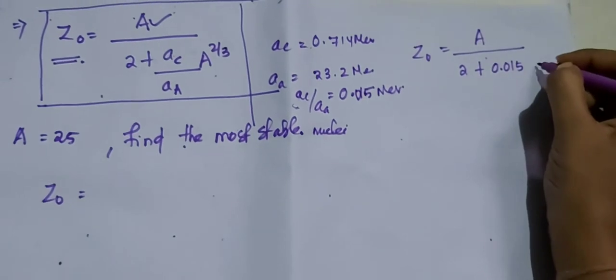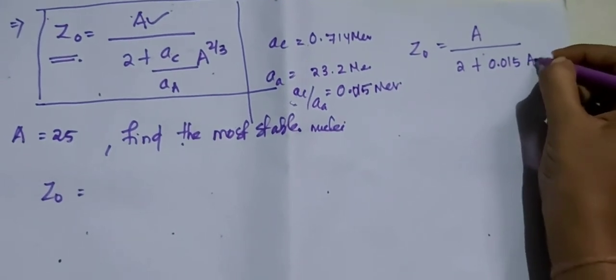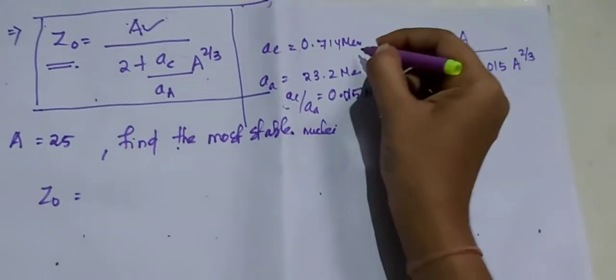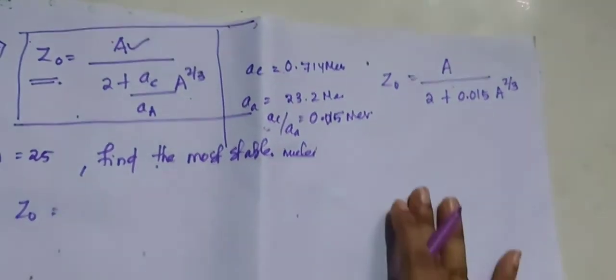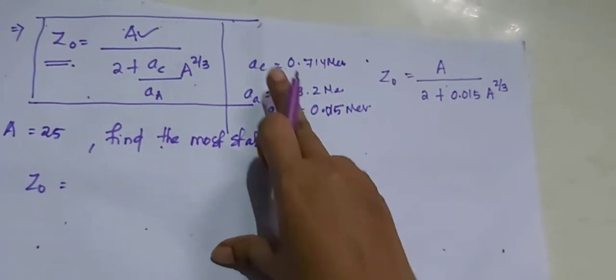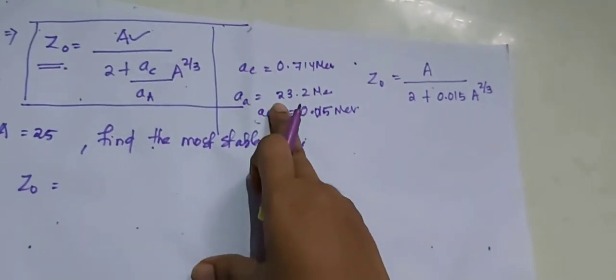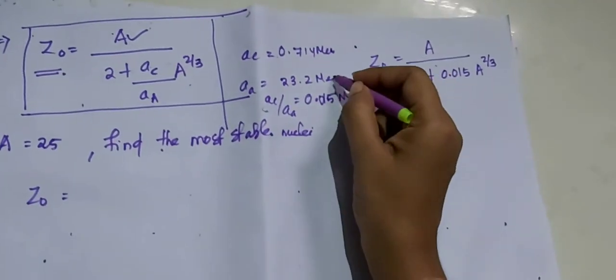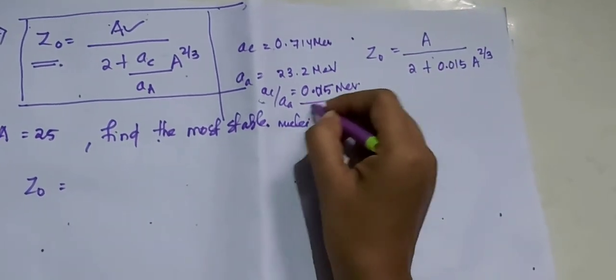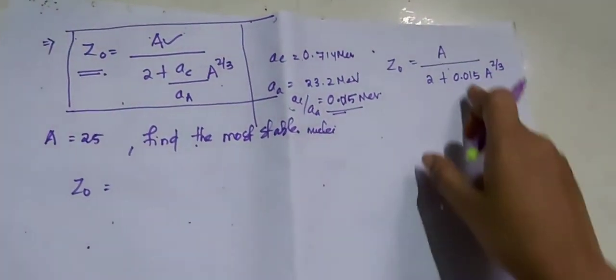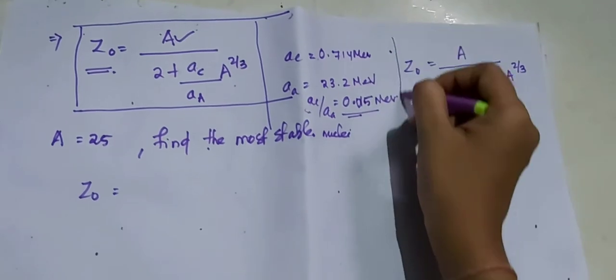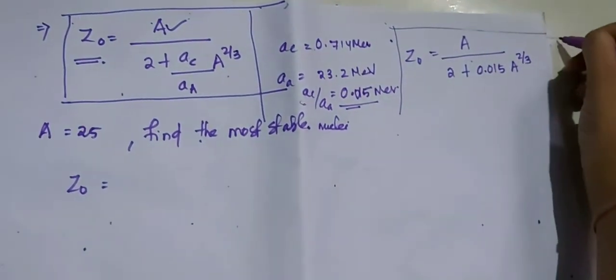Z naught is equal to A by 2 plus 0.015 A to the power 2 by 3. Because this is AC by AA, where AC is 0.714 and AA is 23.2 MeV, by dividing this I get 0.015 MeV. So the formula I got here is this much.